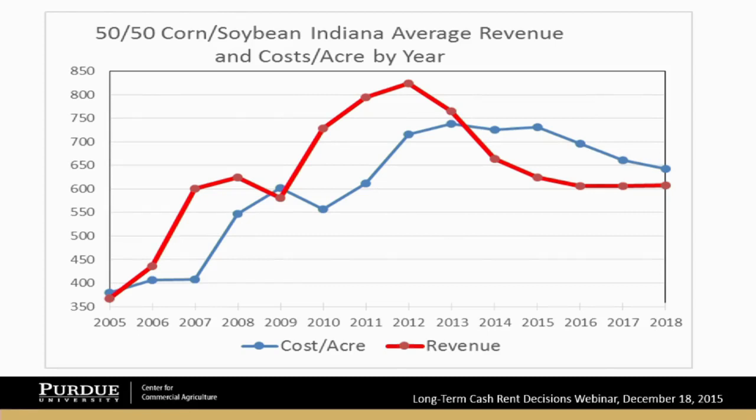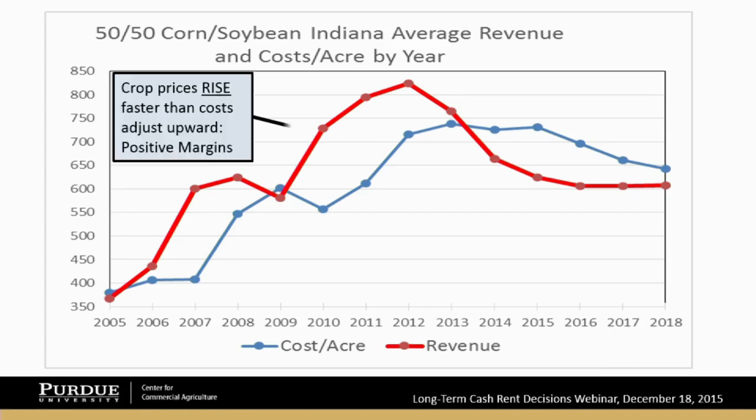Michael, let's talk a little bit about why we're even having this discussion about cash rent. This slide, I think, helps set the stage. On the vertical axis, we've got revenues and cost per acre by year going back to 2005, with some projections going out to 2018.